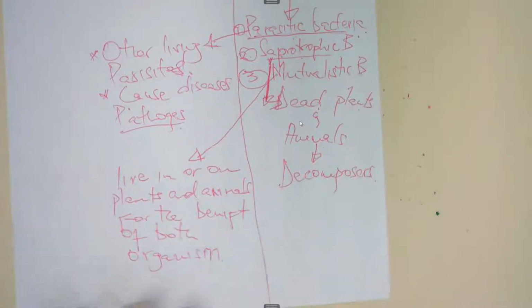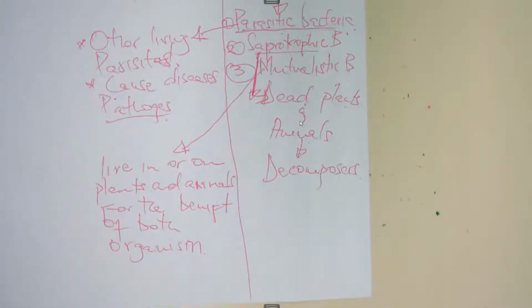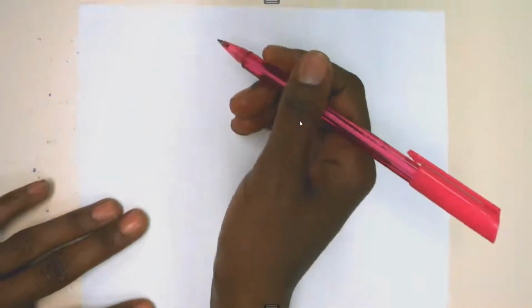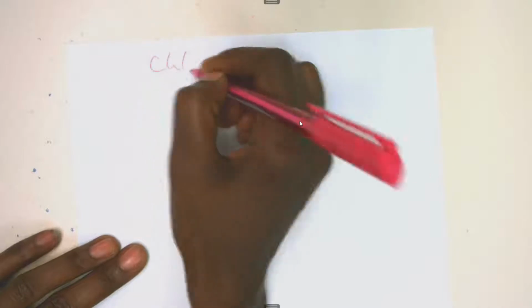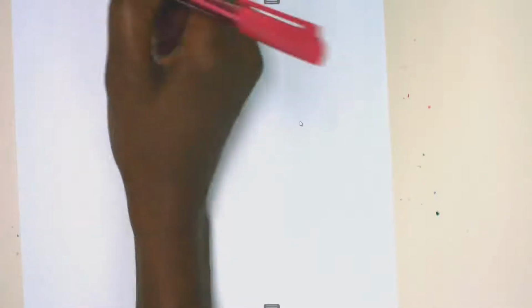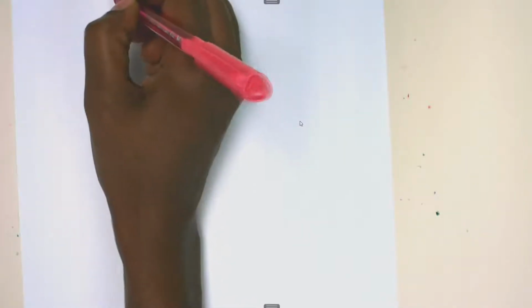All right. And then let us look at effects and management of one of the diseases which is caused by bacteria. In this case, we are going to take cholera. So cholera is caused by a bacteria which is called Vibrio cholerae.